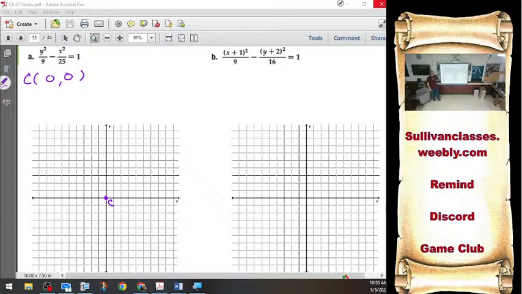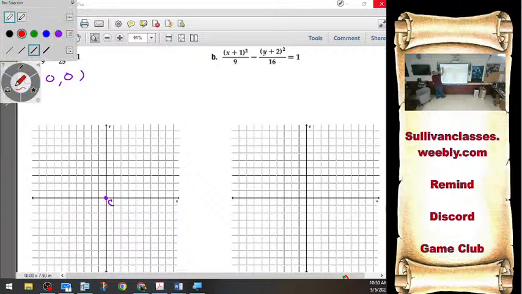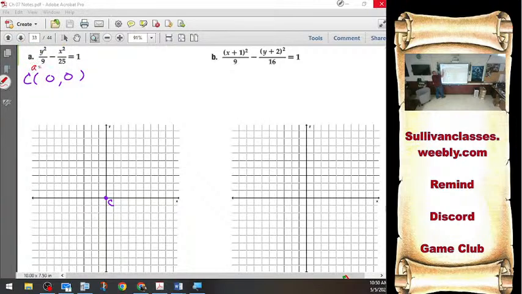Does this open vertically or horizontally? How do I know? Because the y squared term is positive, so it will open along the y-axis. And I know that A is 3 and B is 5.